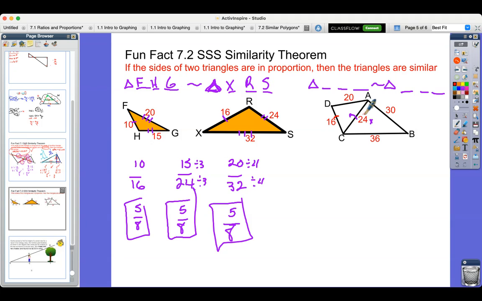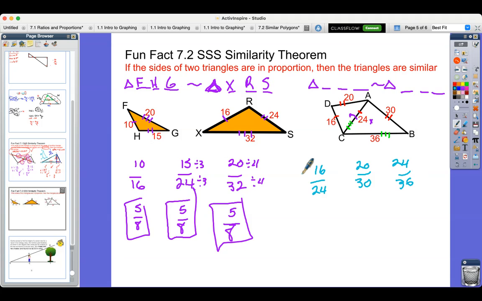On this triangle, it's the 24. 20 to 30. 24 of the small triangle is to 36 of the big triangle. That should match up, small, medium, large. So we'll do 16 is to 24, 20 is to 30, and 24 is to 36.